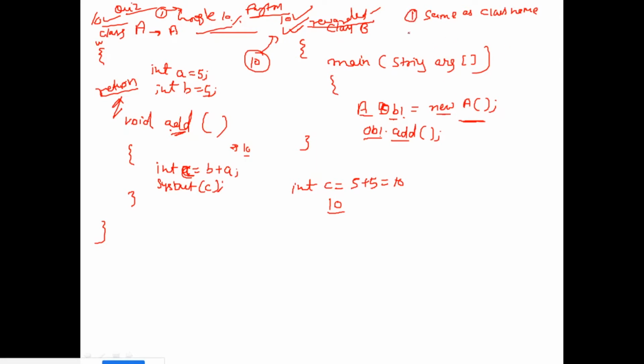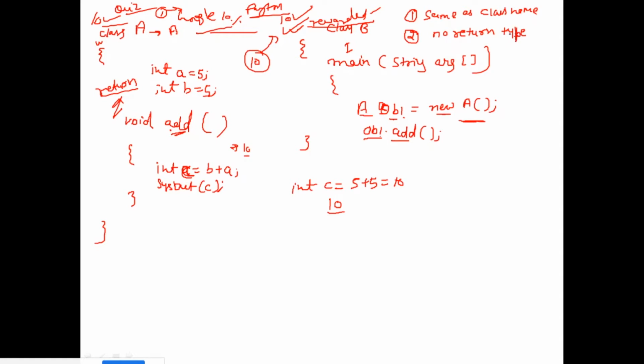Please note down these points, right? I will write a blog and share it so that it helps you to clear that quiz, right? I will write a blog when I get time. Same name as class name, no return type, and constructor doesn't have any return type.